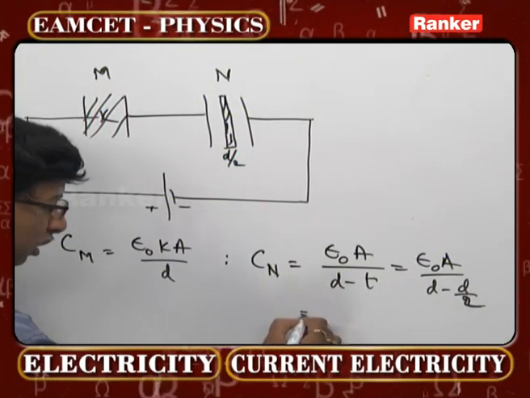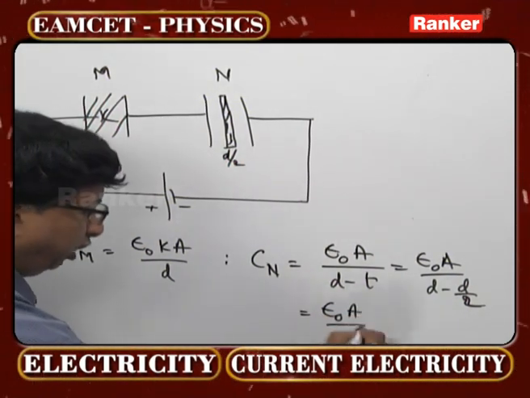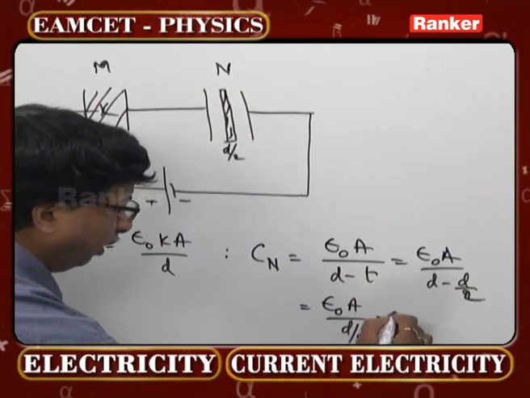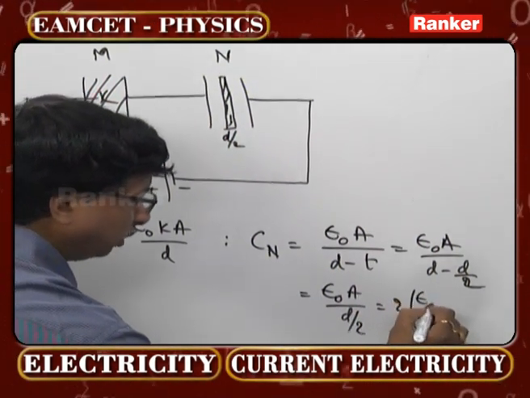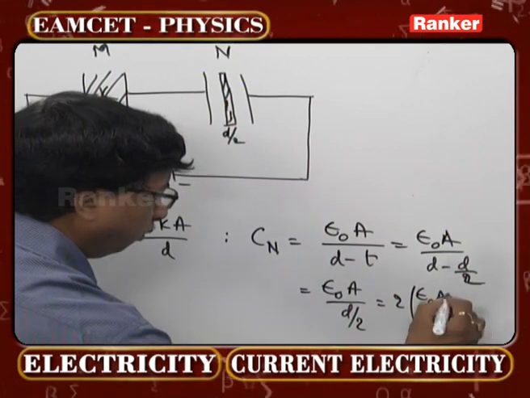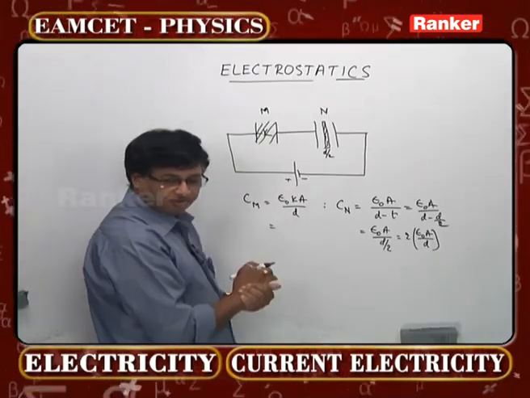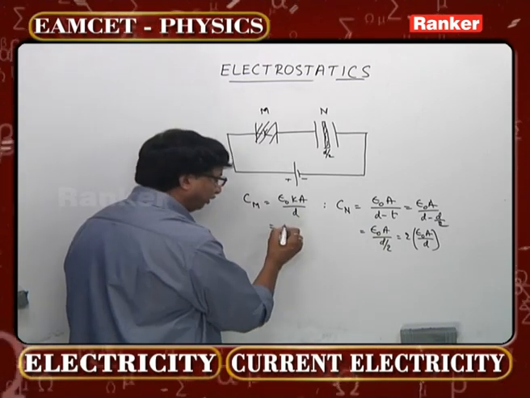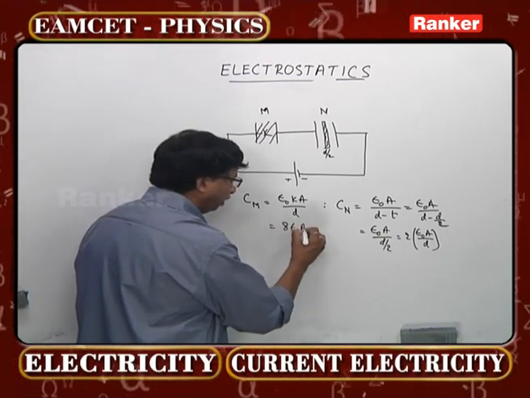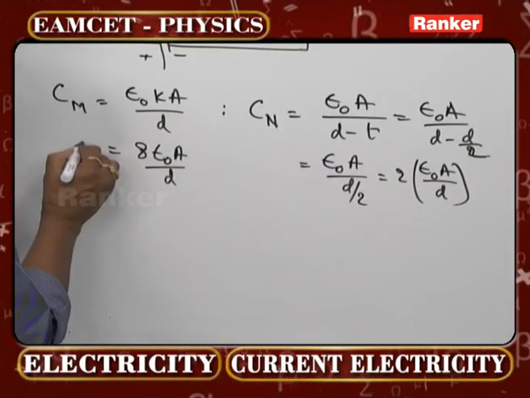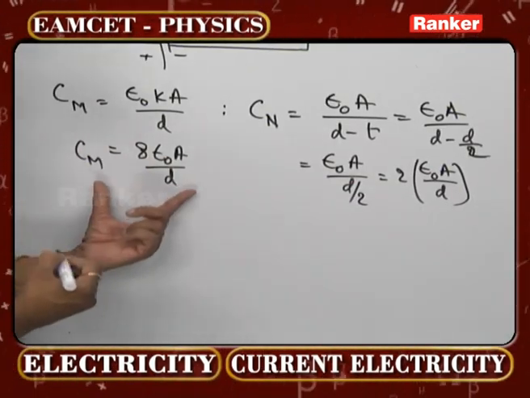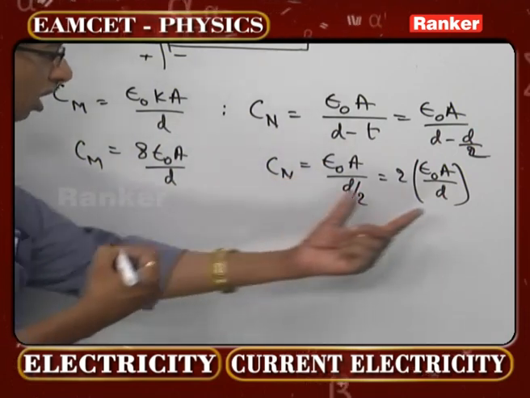Then is it not epsilon naught A by D by 2? So you can even write that 2 times epsilon naught A by D as such. But what is the value of dielectric constant he has given in the problem? 8. So 8 epsilon naught A by D. This is the value of Cm and this is the value of Cn.